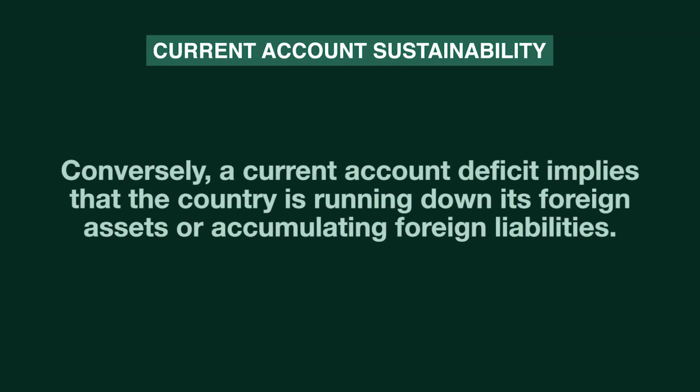Conversely, a current account deficit would imply that this country is importing more than what they are exporting. That is, they are borrowing from other countries to meet their requirement.